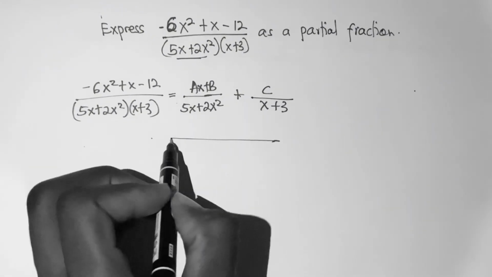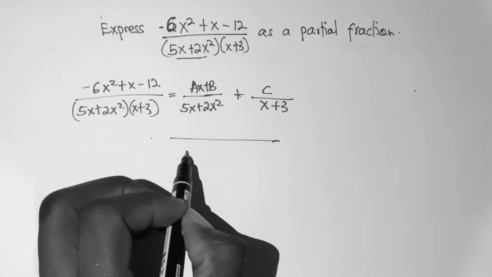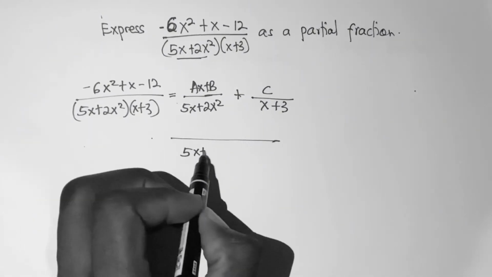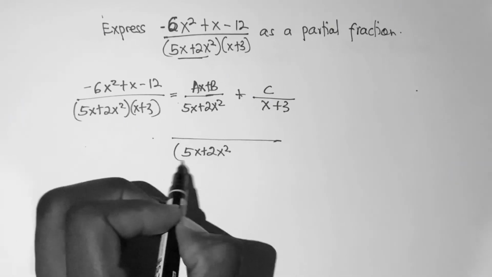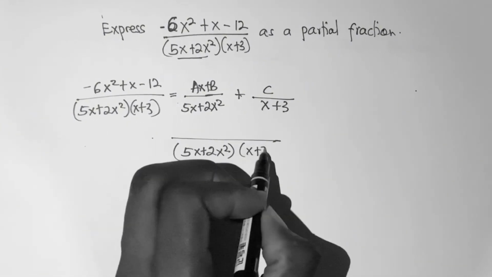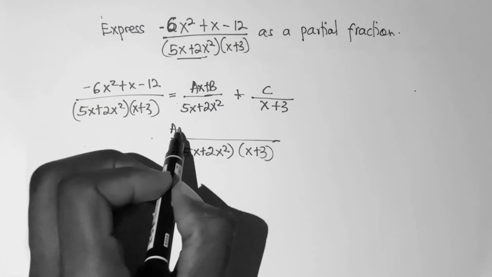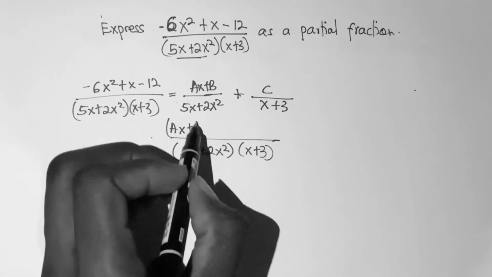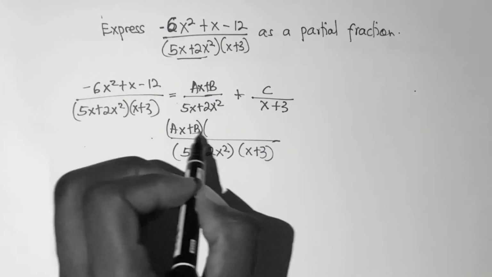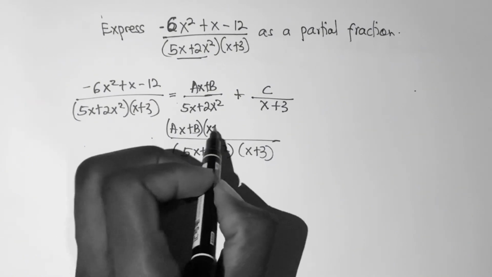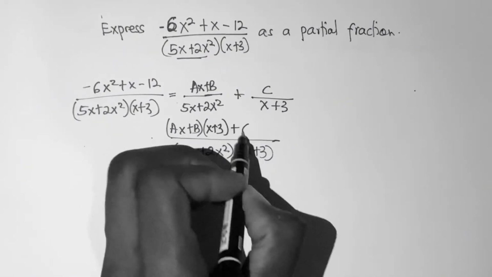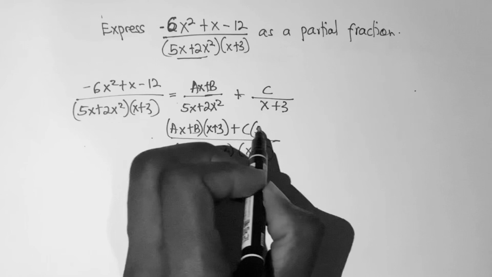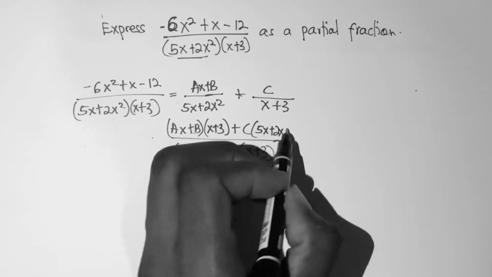So if you find the LCM, it is going to give us 5x plus 2x squared, then times x plus 3. So here is ax plus b, and ax plus b is going to multiply x plus 3, and plus c times 5x plus 2x squared.